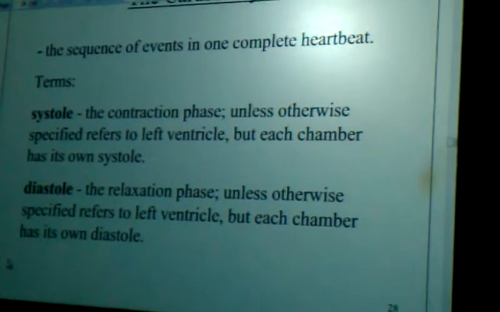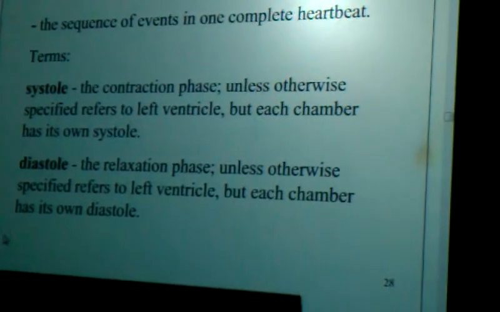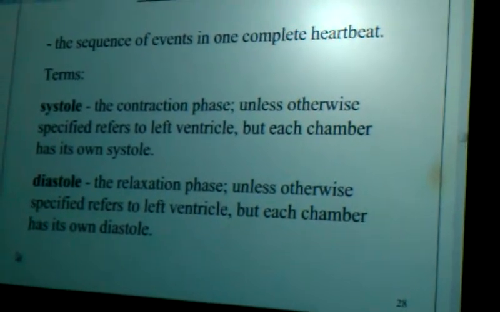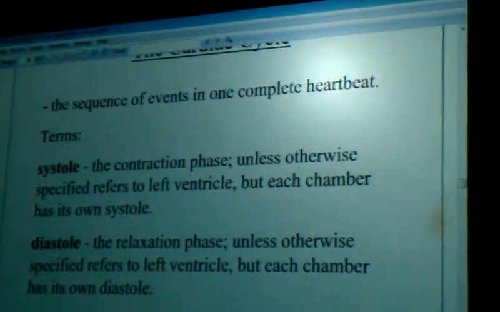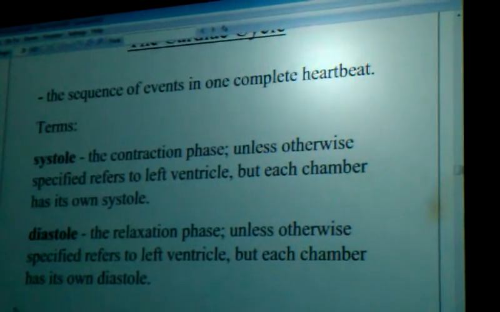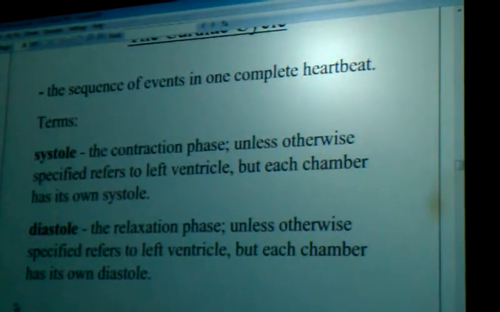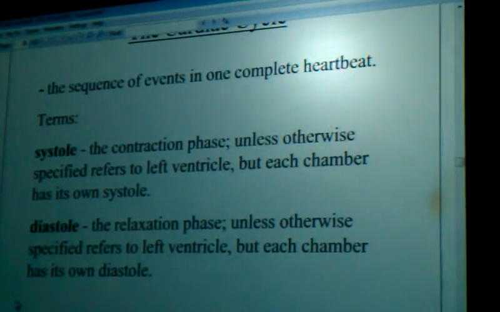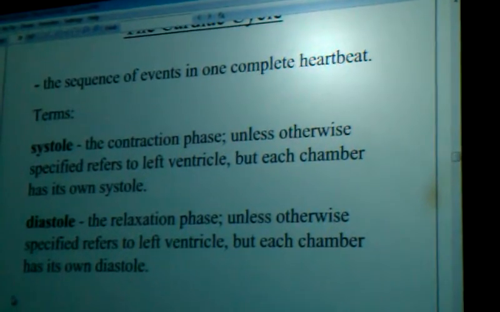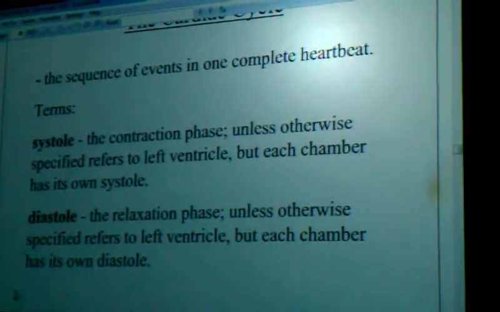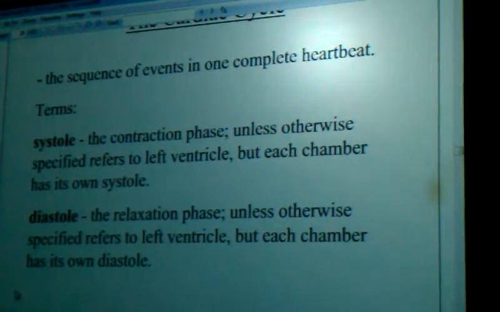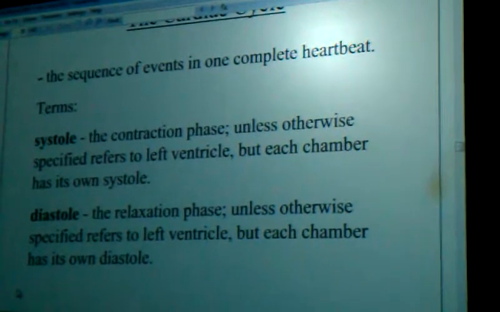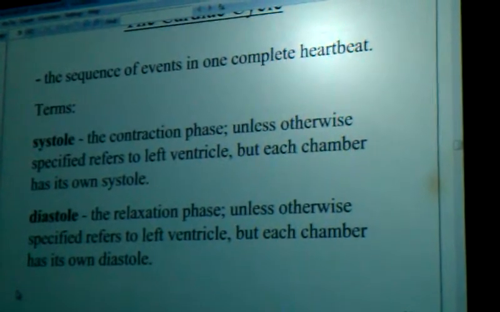When you take your blood pressure, it's usually 2 numbers. There is an upper number, which is your systolic, and the lower number, which is diastolic. The systolic number tells the pressure inside the blood vessels when the heart is contracted, and the diastolic number tells you the pressure in the blood vessels when the heart is in a relaxed state.